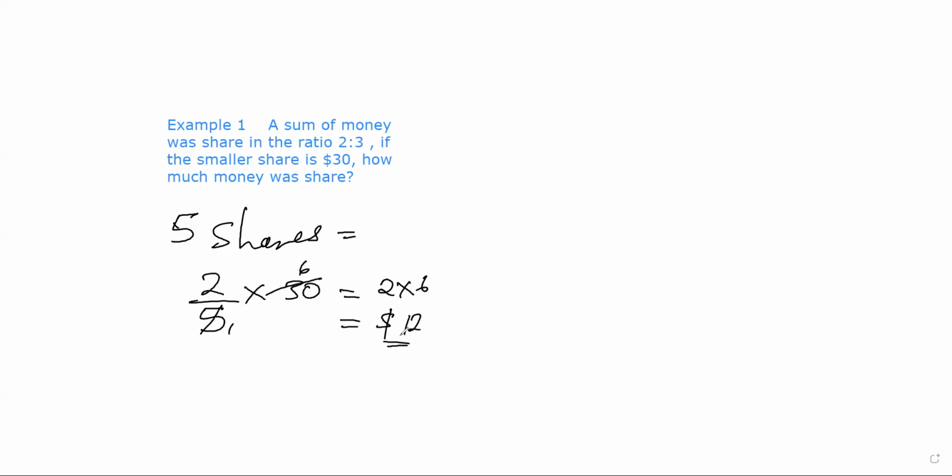After you have the $12, you go to the next one, which is 3/5 multiplied by 30. You do the same thing with the 5 and the 3, and then you multiply 3 by 6. 3 multiplied by 6 is 18.